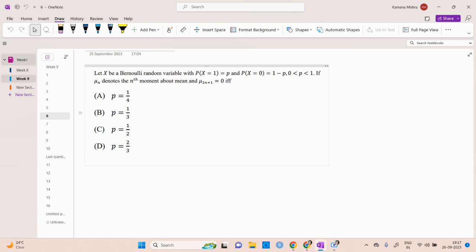Now I'm telling you the formula, but if you want to know more about this, then you can just go through the Bernoulli distribution.